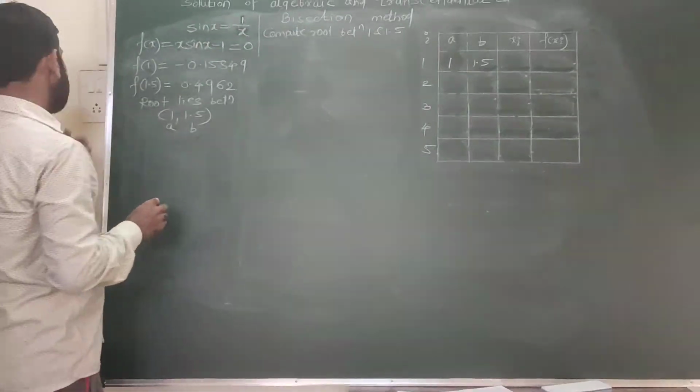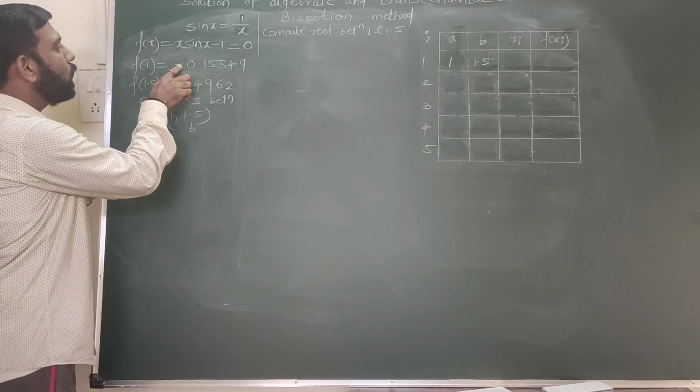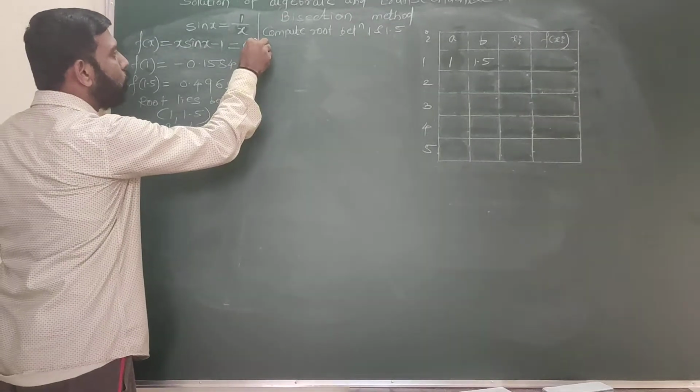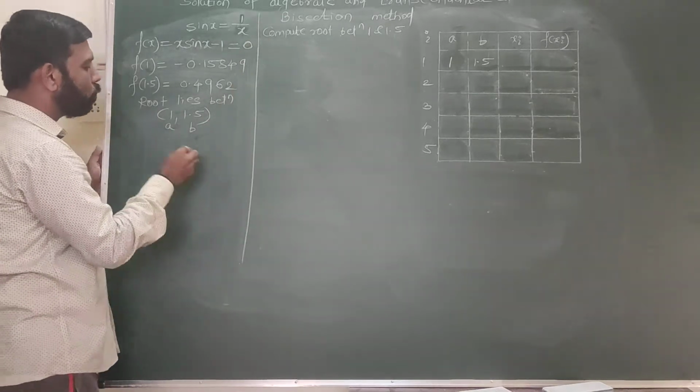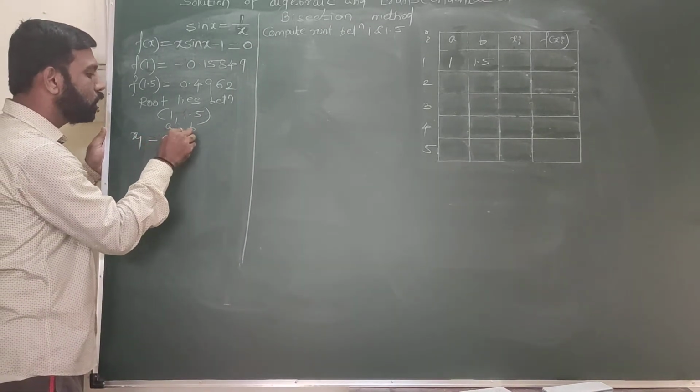Now f of 1 is negative and f of 1.5 is positive. For the first approximation, we calculate x1 using the bisection formula.